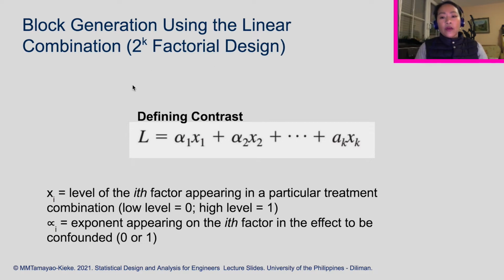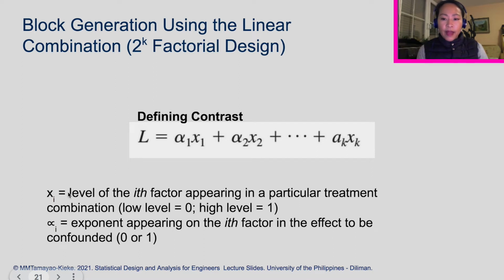Now, this is the linear combination corresponding to a 2 to the k factorial design, and this is actually called the defining contrast. L is equal to alpha 1 x1 plus alpha 2 x2 up to alpha sub k times x sub k.